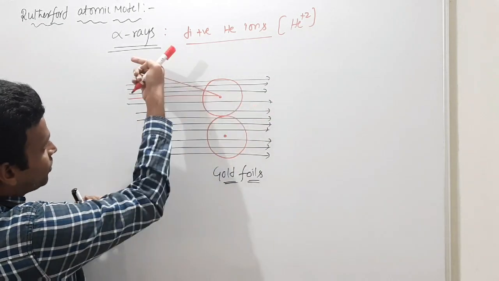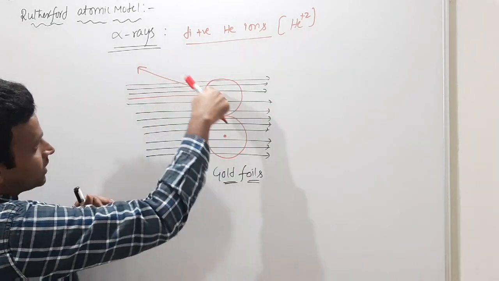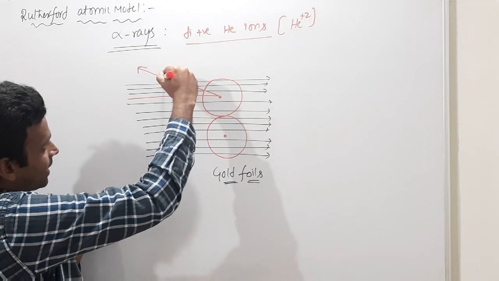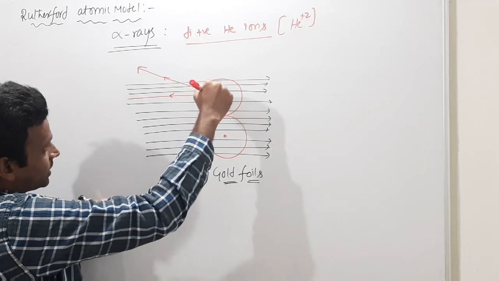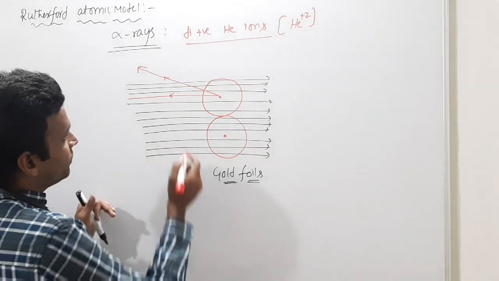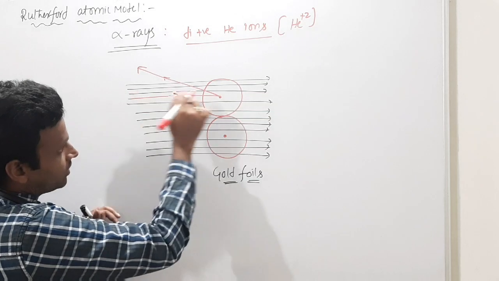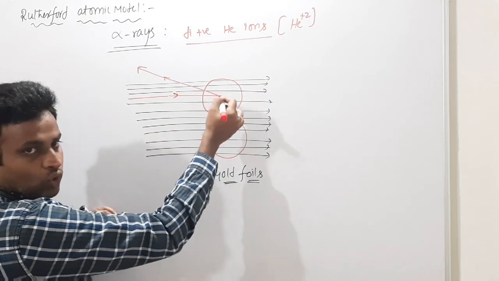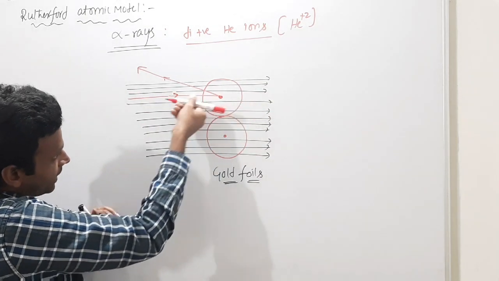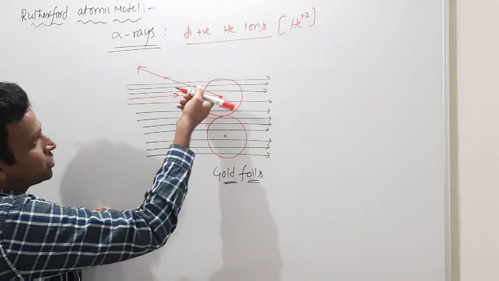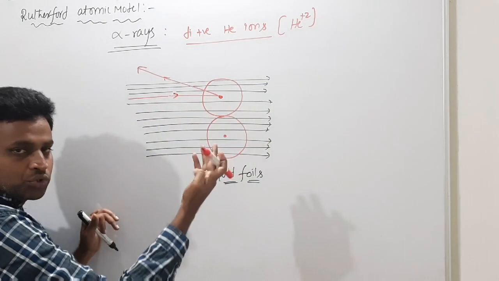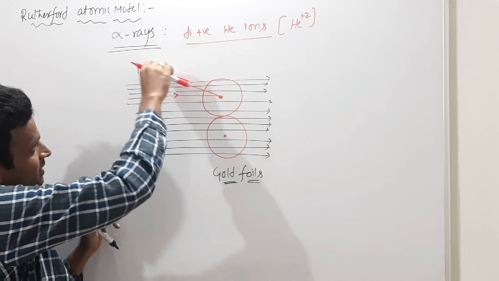Actually I showed it in another direction, but they come back in the same opposite direction. In whichever way they moved, in that same manner they hit the center of the gold foil, but only in the same direction will they go. But I cannot show you the deflection directly, so to show you the deflection, I represented it like this.